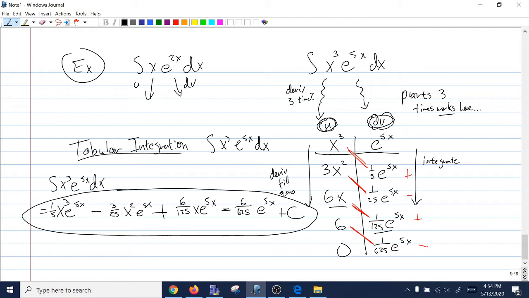That's a good example. Let's do the integral of x tangent inverse x.